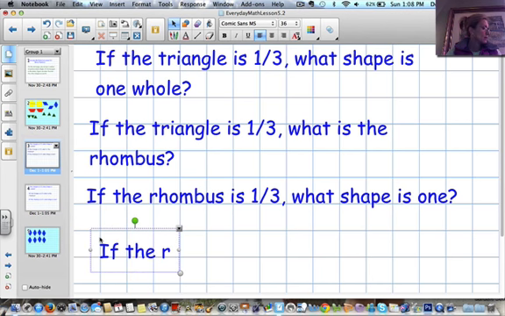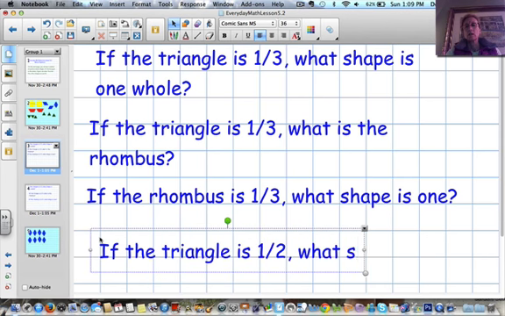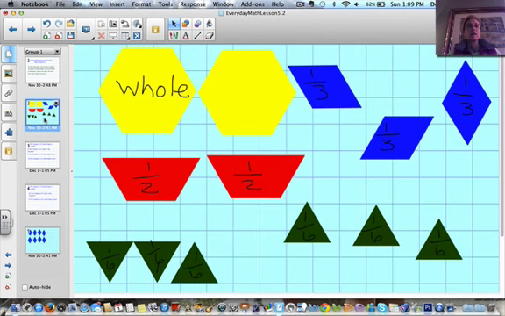If the triangle is 1/2, what shape is 1? Okay, so this time, if the triangle is 1/2, what shape is 1?